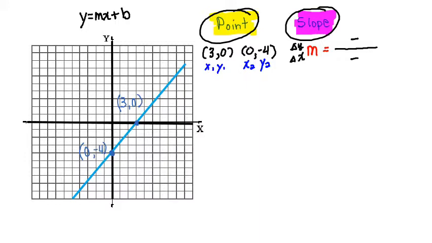So I'm going to plug those in, y2 minus y1, that's the -4 and a 0, and then I'm going to do the x's, 0 and then the 3. And we're just going to do the math, and we see that we get a -4 over a -3, which equals 4 over 3. Twin signs means it's positive. So now I have a point and now I have a slope.